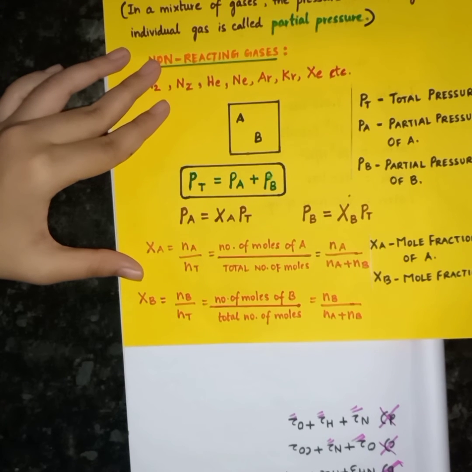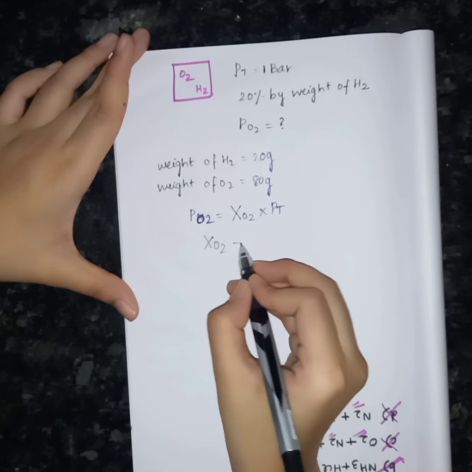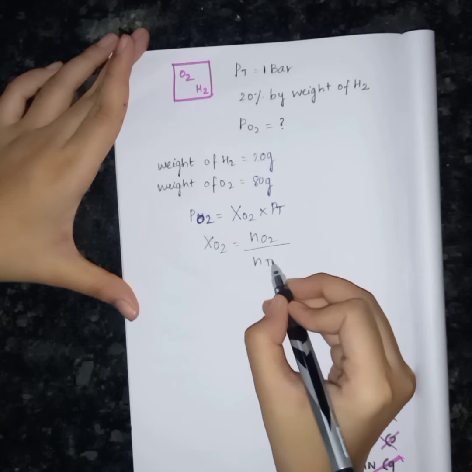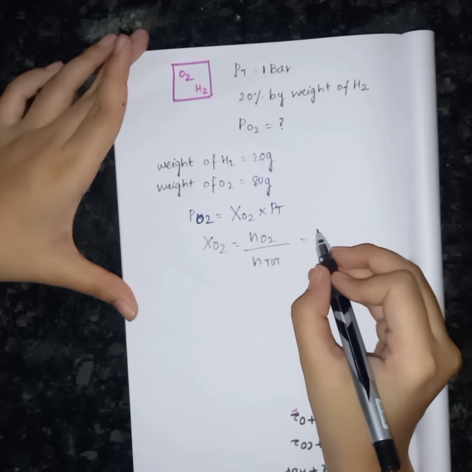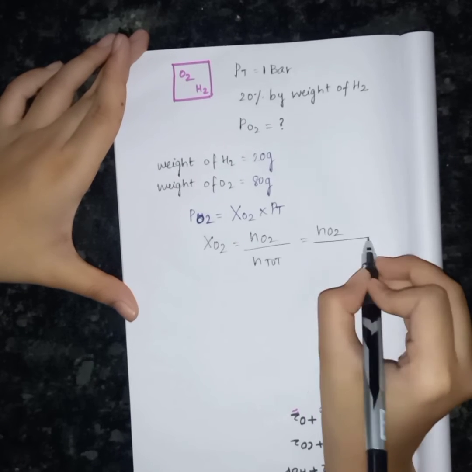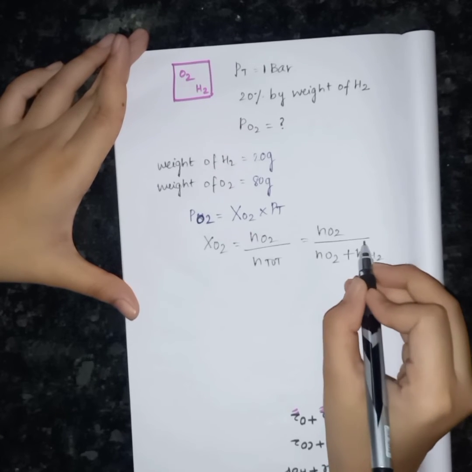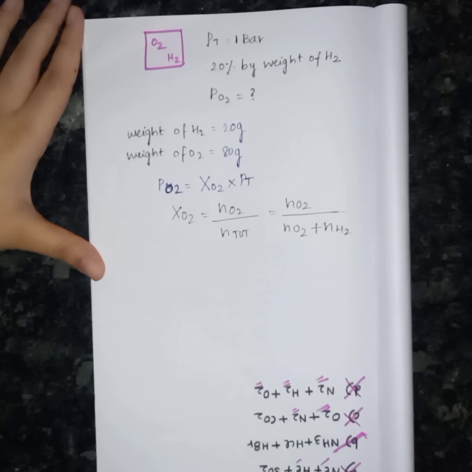We know that mole fraction of A is equal to number of moles of A divided by total number of moles. Therefore, mole fraction of O2 is equal to number of moles of O2 divided by total number of moles, which is equal to number of moles of O2 divided by number of moles of O2 plus number of moles of H2.